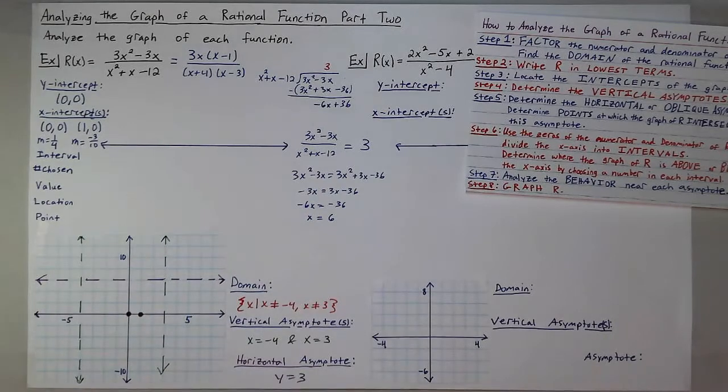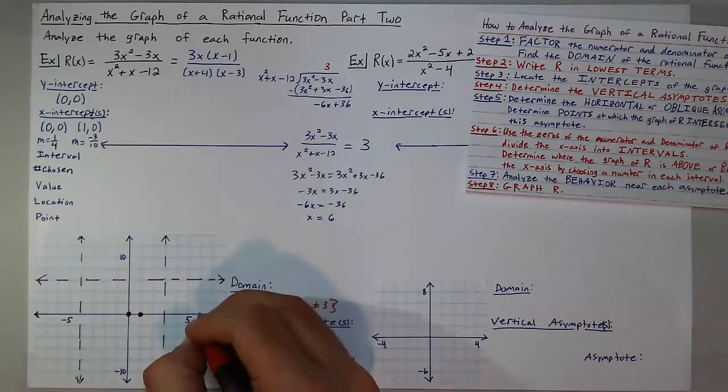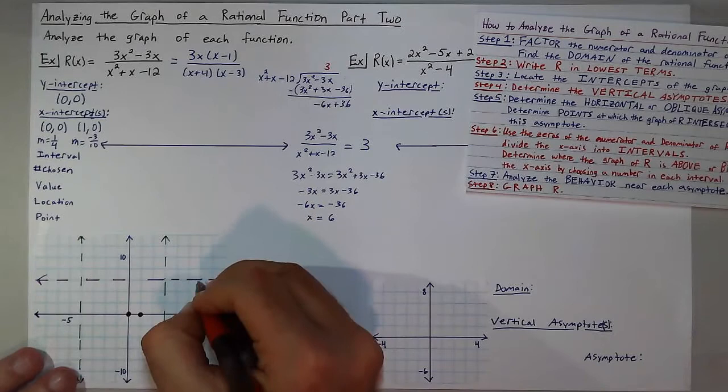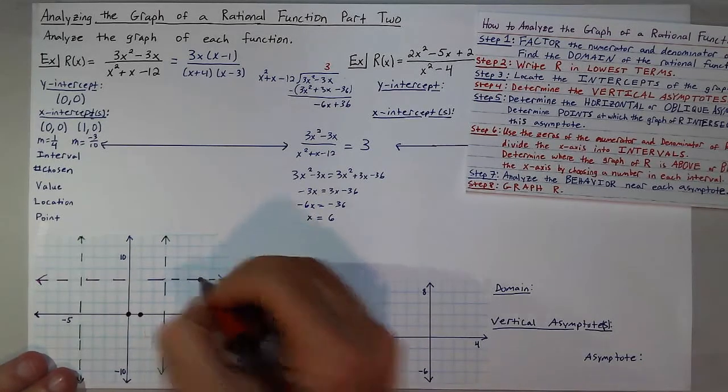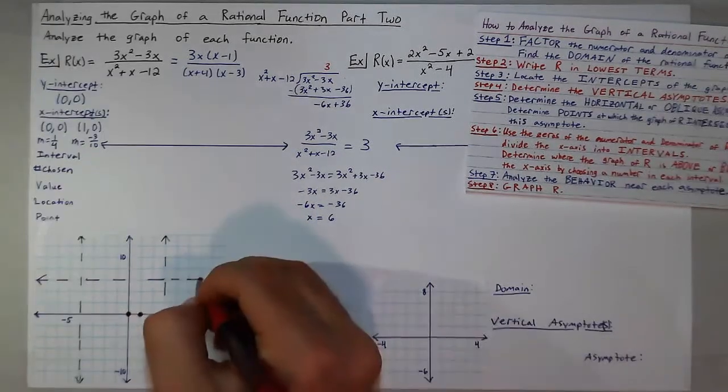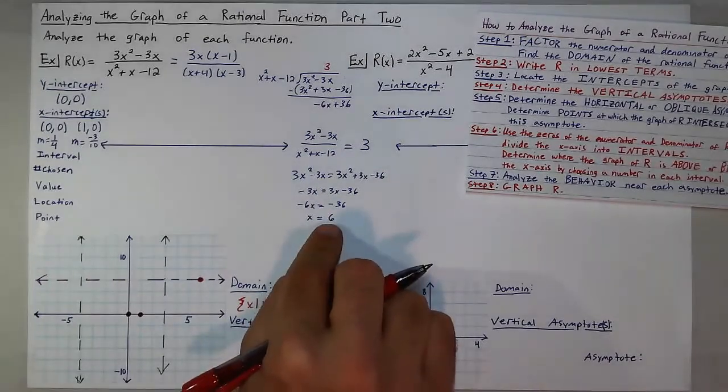But at x equals 6, my function touches that asymptote, so I'm just going to put a point there, because when x is equal to 6, the function's equal to 3.